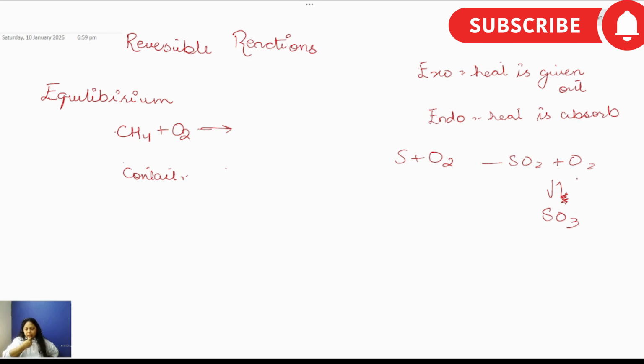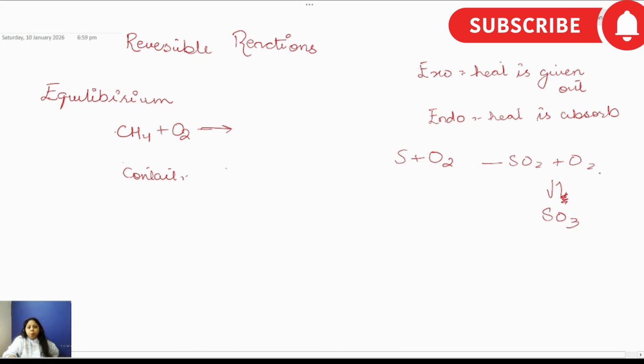Yes, we should know the reversible one especially, because these are part of the reversible one. If we talk about this reversible reaction, this is the exothermic one. Heat is given out. So if we increase the temperature, this would move in the reverse direction.